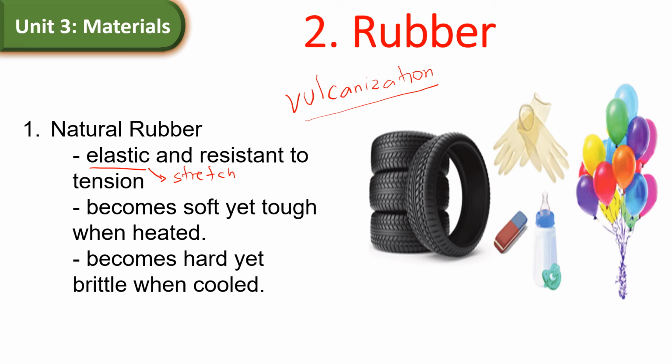Usually the common chemical that they add there is sulfur, okay? And after that, with vulcanization, they are going to heat it again. For example, in your tires, adding sulfur and heating them gives you vulcanized rubber.